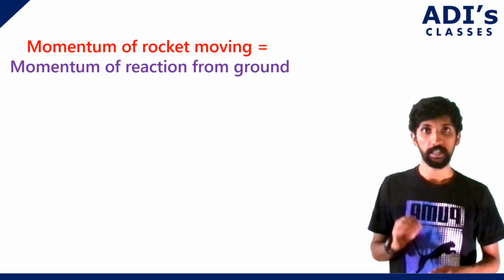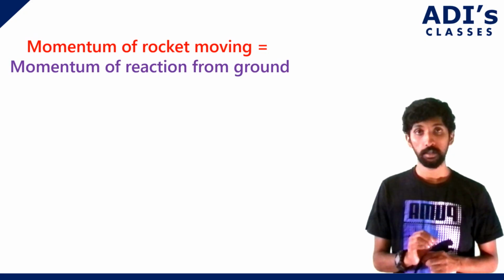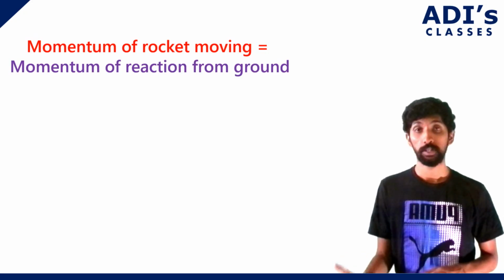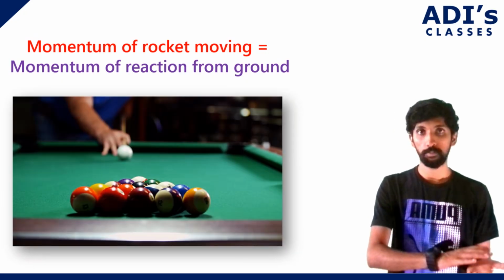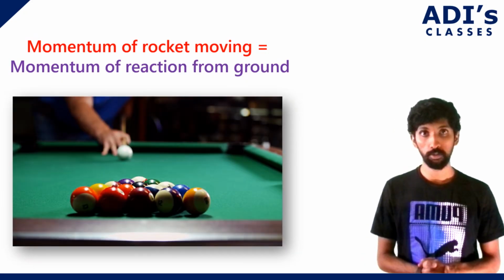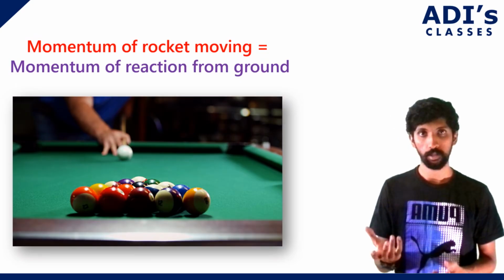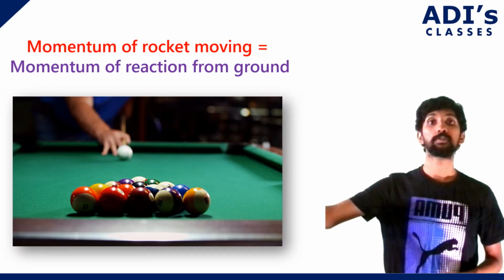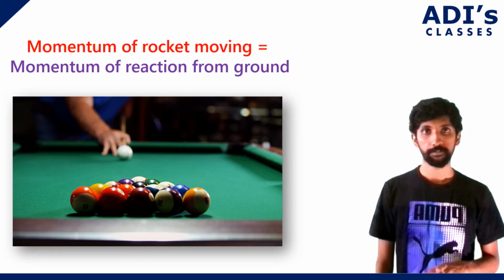So whenever we say there is conservation of momentum, it can be any type of collision also. For example, take billiard balls. Let's say you're playing billiards, or what we call pool. You hit a ball with the white ball. Now what happens? As there is a collision, this moves with momentum, correct? So the next ball moves with momentum.